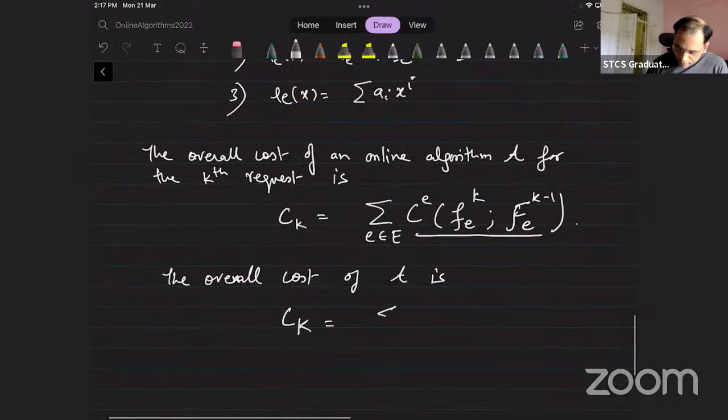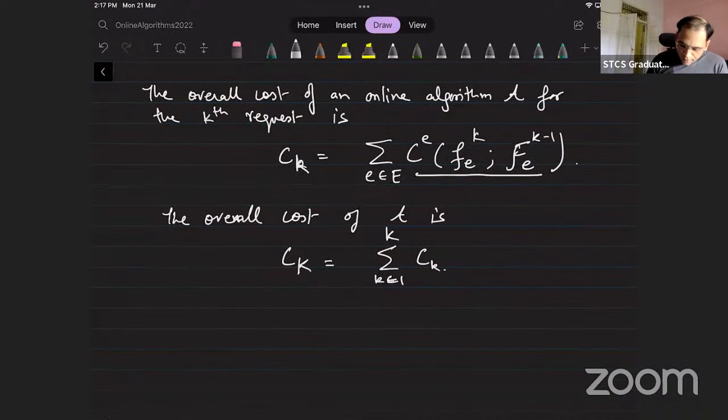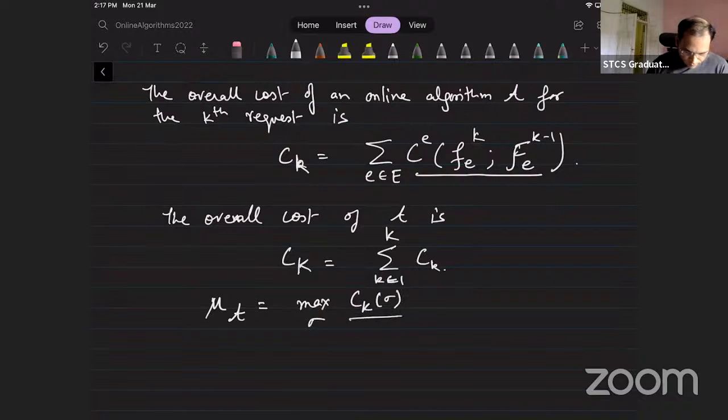Capital K, little k, 1 through capital K, C. And as usual, mu_k is max over sigma of C_k(sigma) over C_k(opt).